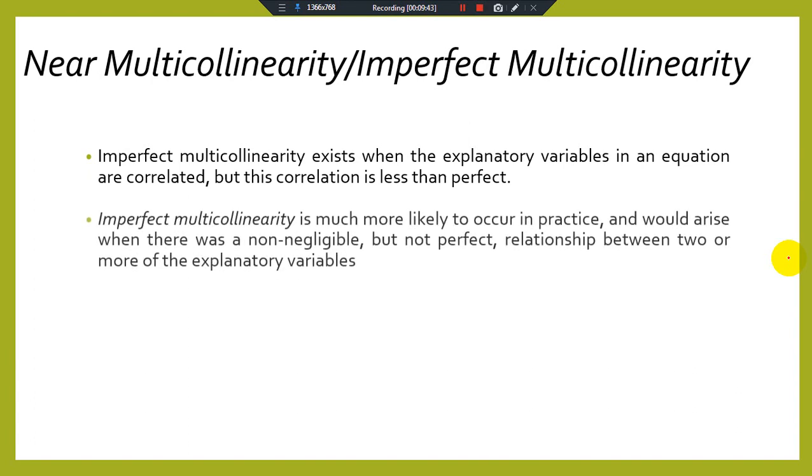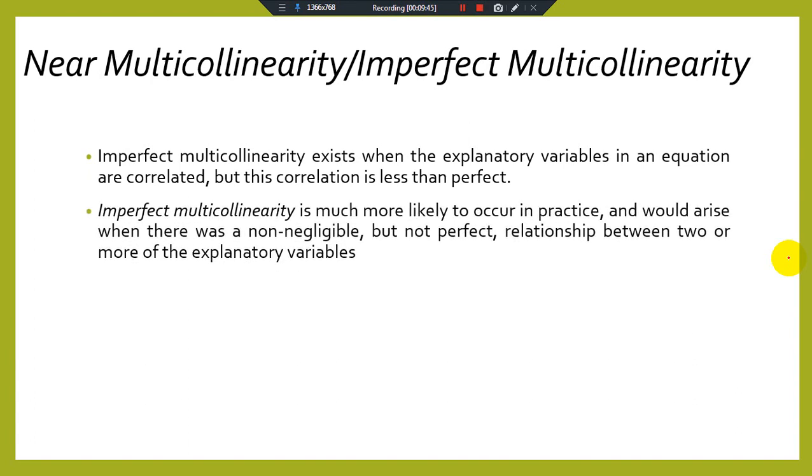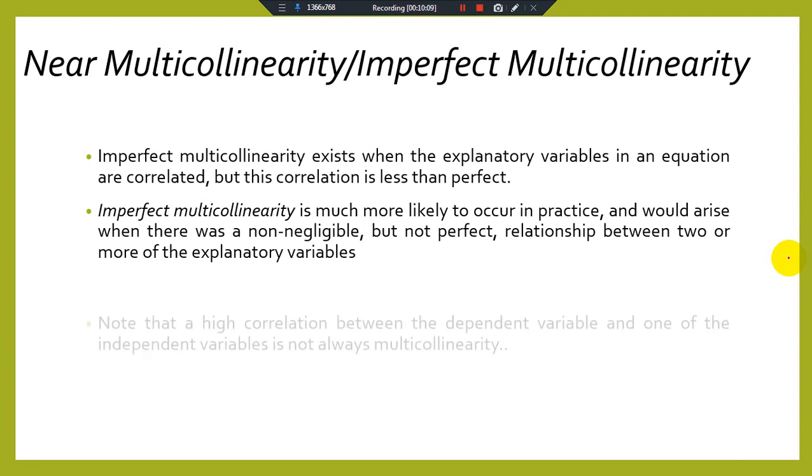It is much more likely to occur in practice and arises when there is a non-negligible but not perfect relationship between two or more of the explanatory variables. Normally when we are using macro level data, there are chances of imperfect or near multicollinearity.